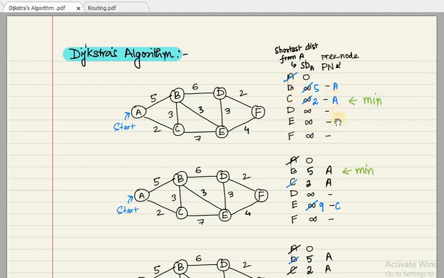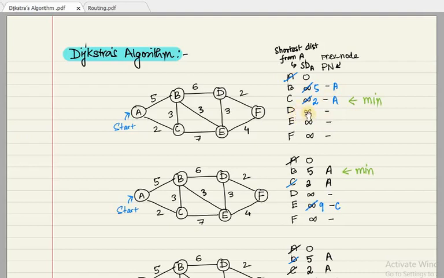And then we are also going to keep track of the previous node, which I'm abbreviating as PN. It's not of much importance in the rest of the demonstration, but anyway, it's the previous node. Here we will just keep track of the last node before coming to this particular node.